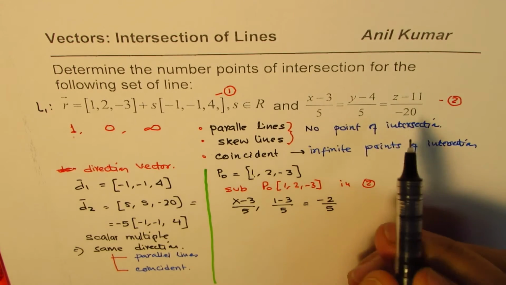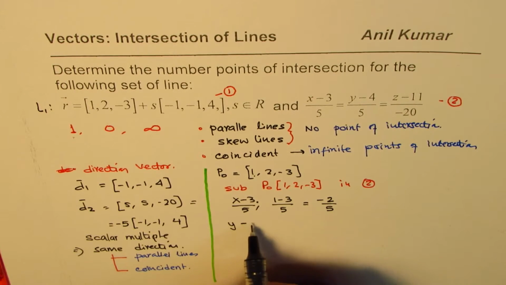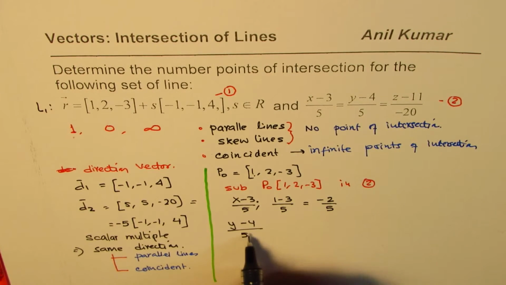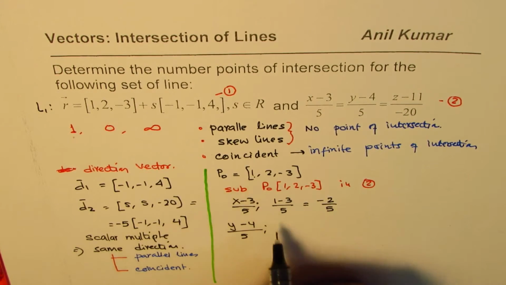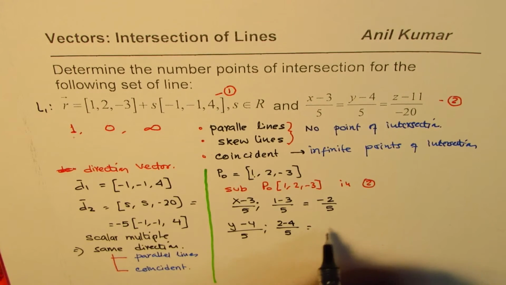Now y minus 4 over 5: I substitute y as 2, so we get 2 minus 4 over 5, which is -2 over 5.